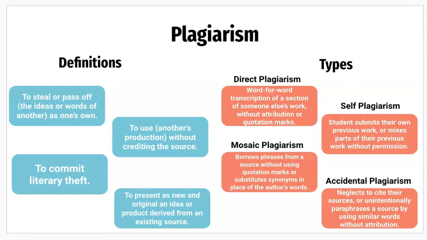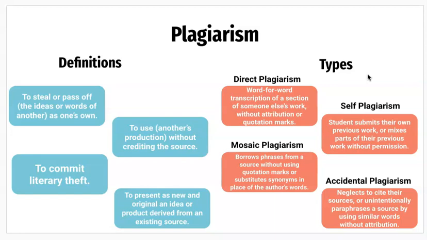There are multiple types of plagiarism that you can fall under. First is direct plagiarism. These are word-for-word transcription of a section of someone else's work without attribution or quotation marks. So I'm taking something directly from a book or an online source and putting it in my own research paper without putting quotation marks around it and giving attribution to the author.